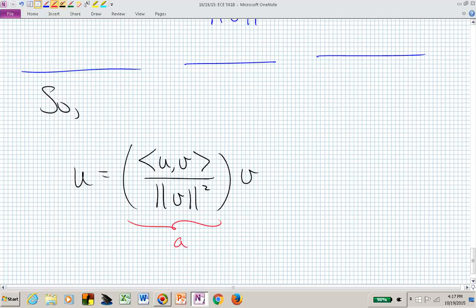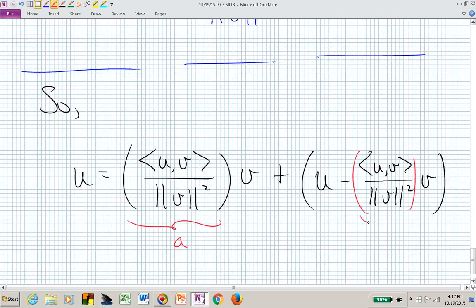And then we add to that the component that's orthogonal, which is u minus a times v. Again, this piece right here is a.